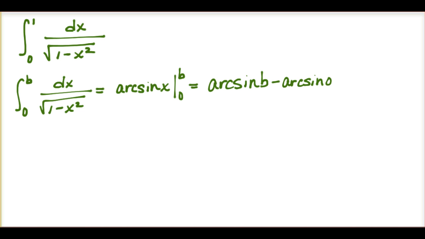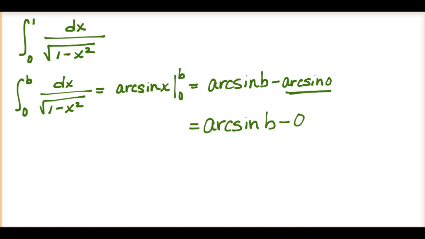Now remember, the arcsine is just asking at what value is the sine 0, and the sine is 0 at 0. So now we have the arcsine of b minus 0.